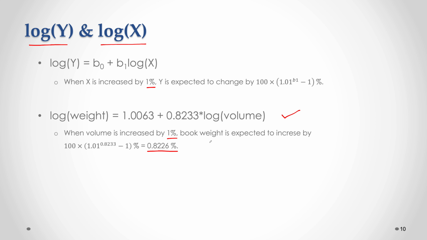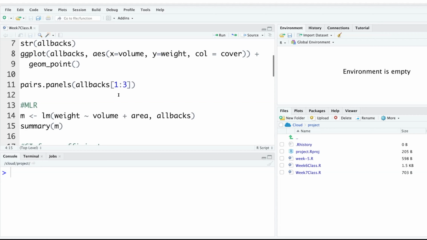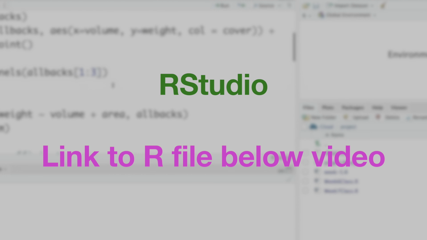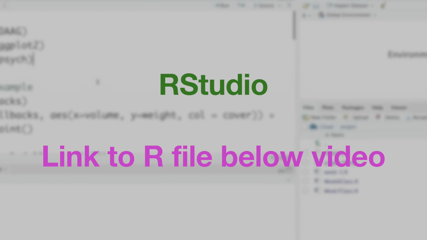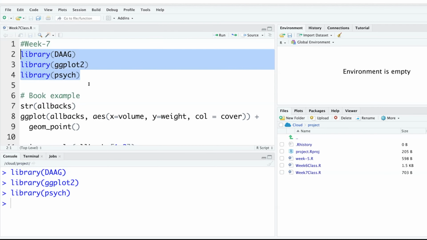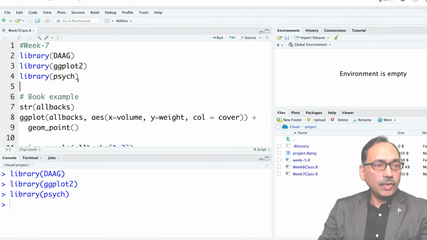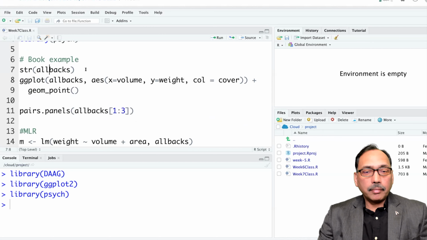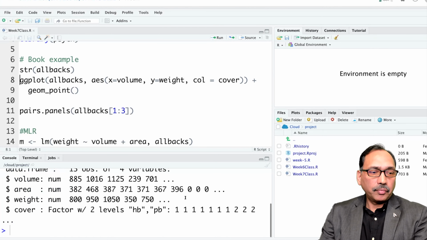Now let's move to RStudio and go through some code. Mainly we'll use these three libraries. I'm going to run this. The data that I was using in the PowerPoint was allbacks.